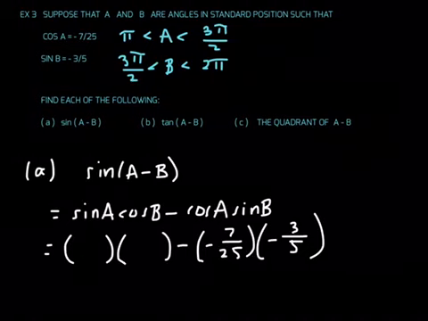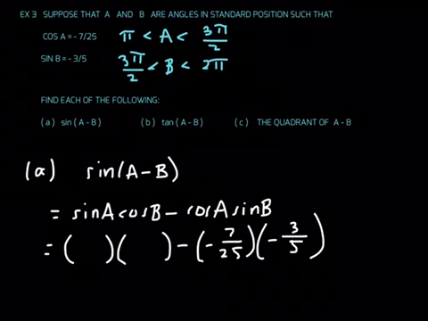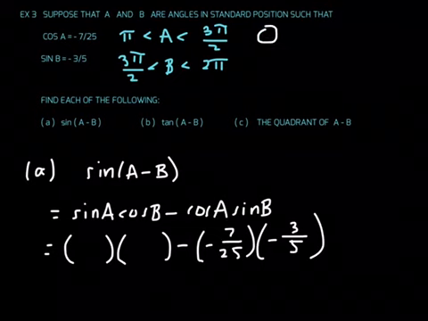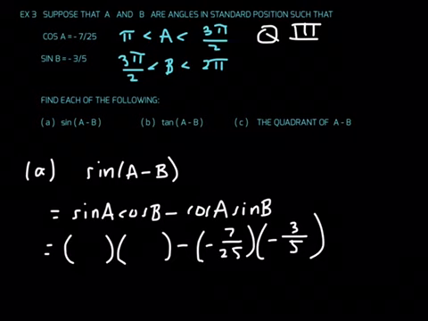All right, before I move the screen up, I want you to notice a couple things here. When they say angle A is between pi and 3 pi over 2, what quadrant is that? If you said quadrant number 3, you are correct. So this is really important when choosing our signs later on.